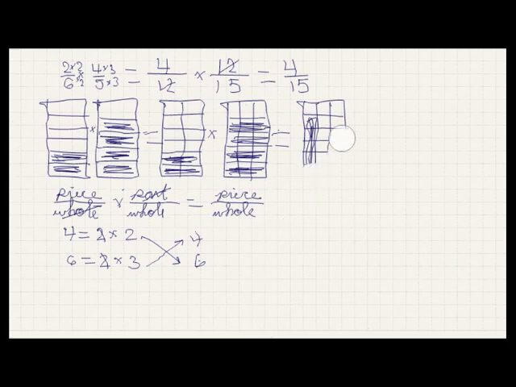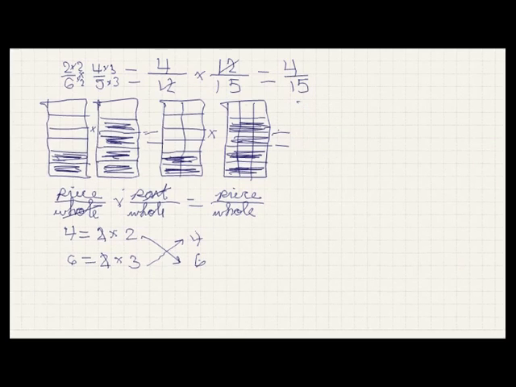Oops, I drew the graph incorrectly. I had 3 times 6 when I should have had a container divided into 5 units.